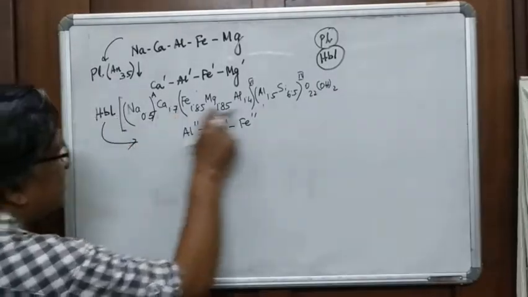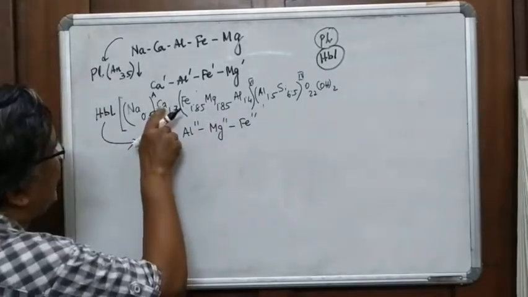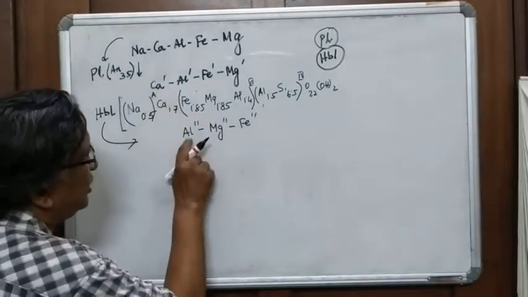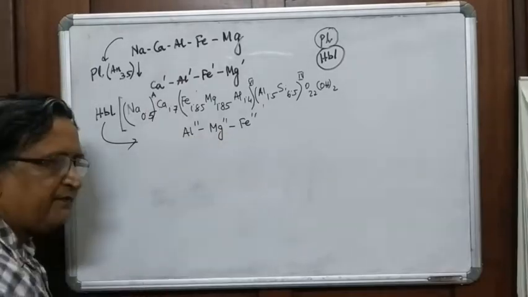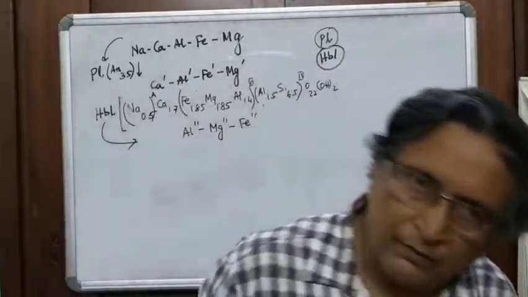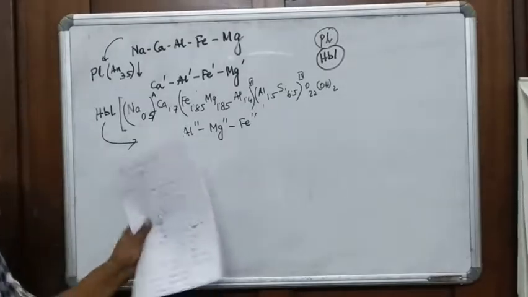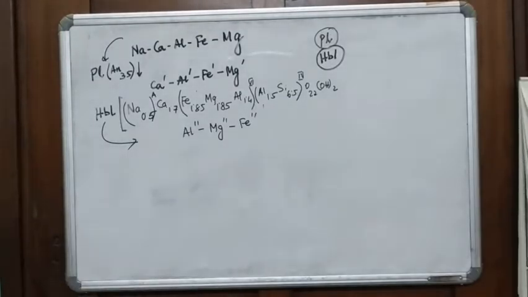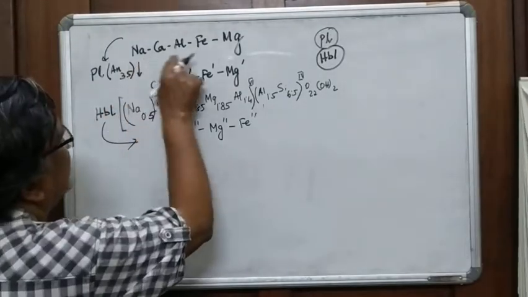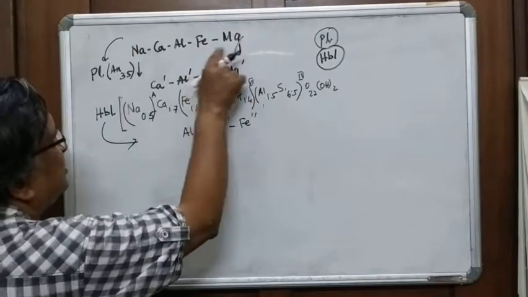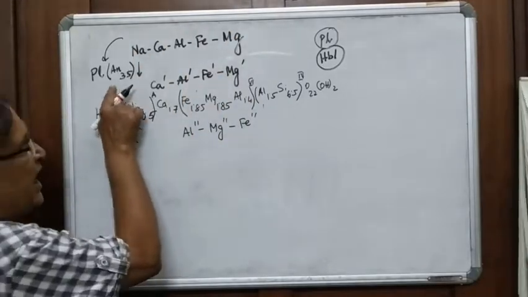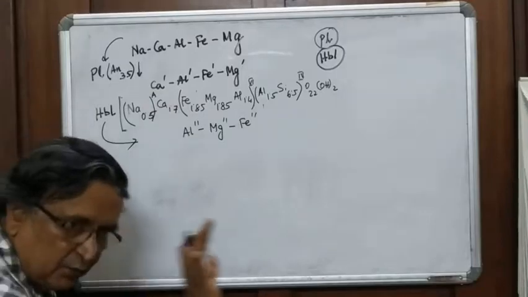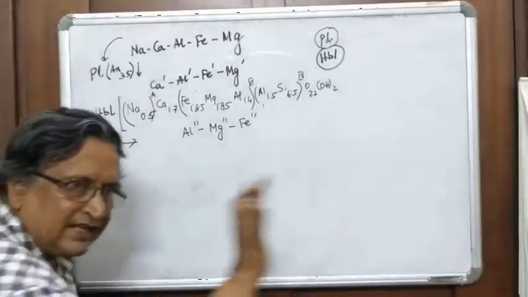And so he takes this and then eliminates calcium prime to get Al double prime, Mg double prime, Fe double prime. Right? So in the first one, these are the minerals that fall in this composition, this is his source, and this is his screen on which he projects all assemblages.